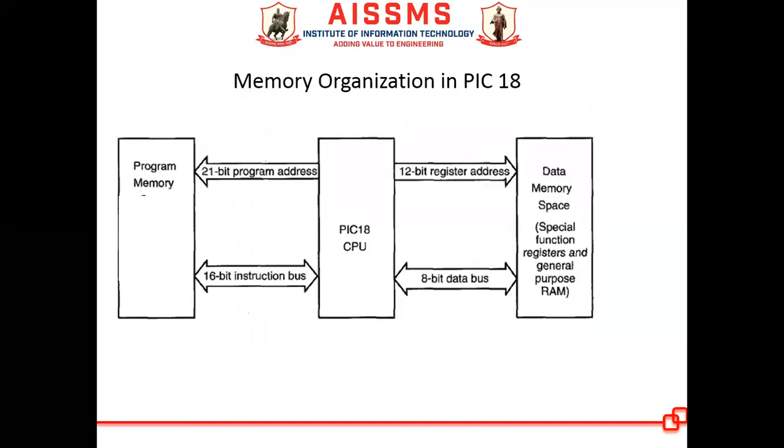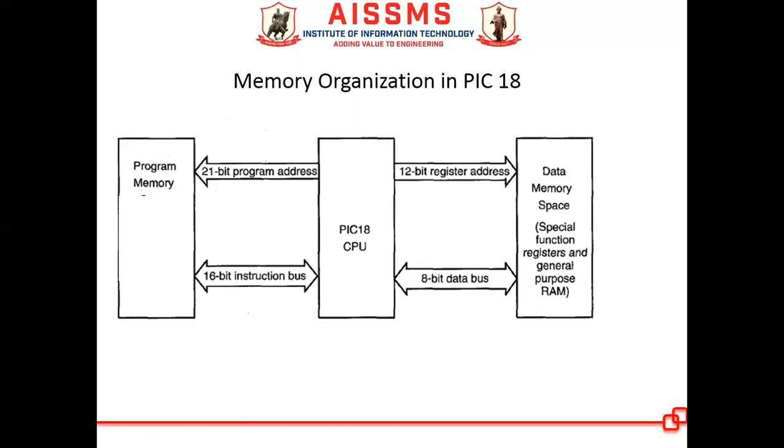This diagram represents the memory organization of a generalized PIC18 microcontroller, which has a 21-bit program memory address. So PIC18 microcontroller can address 2 raised to 21, which is 2 megabyte of program memory, and it has a 12-bit address for data memory.